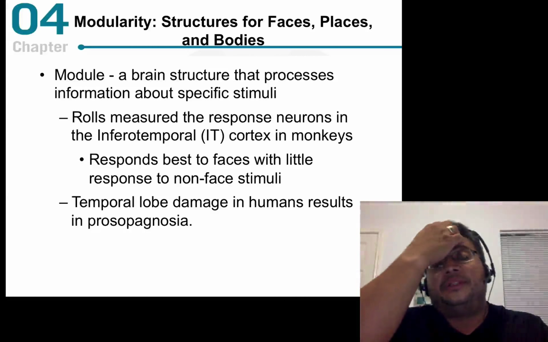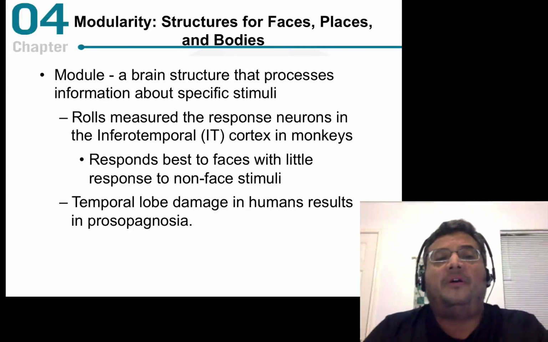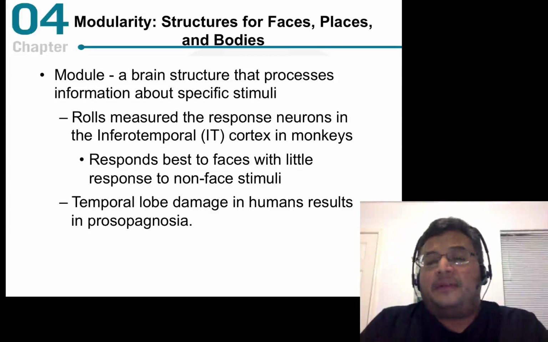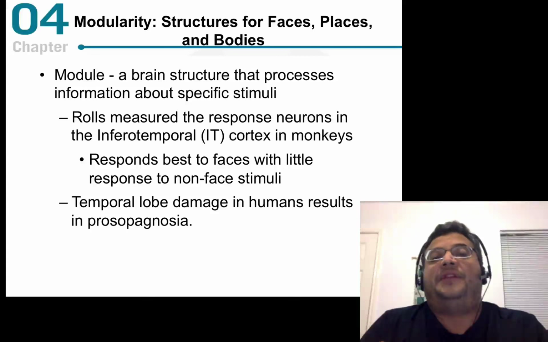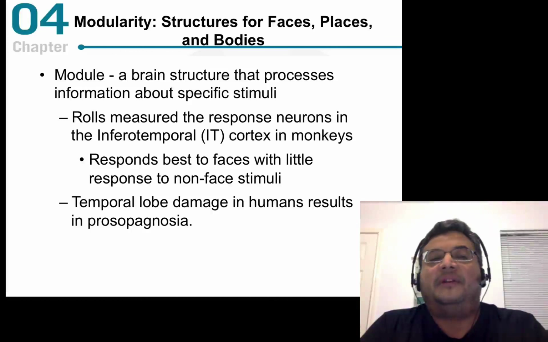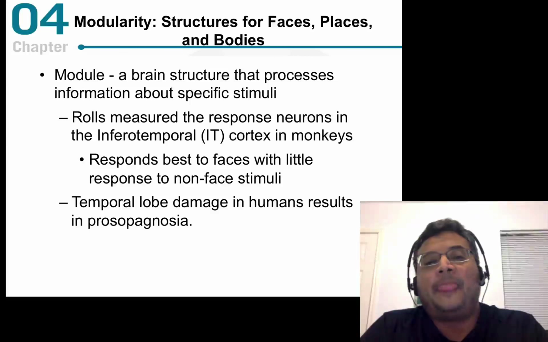So Rolls, the research mentioned here in the slide, measured responses in neurons in a part of the brain called the inferotemporal cortex, the IT cortex, in monkeys. And he found that in monkeys, this part of the brain responds powerfully to faces, to other monkey faces particularly, and doesn't respond to other stimuli like stars and squares and circles and things like that.